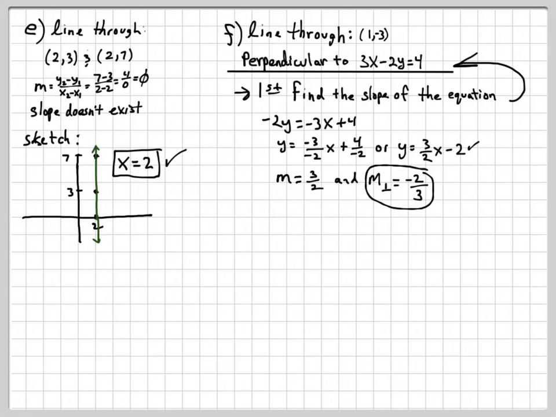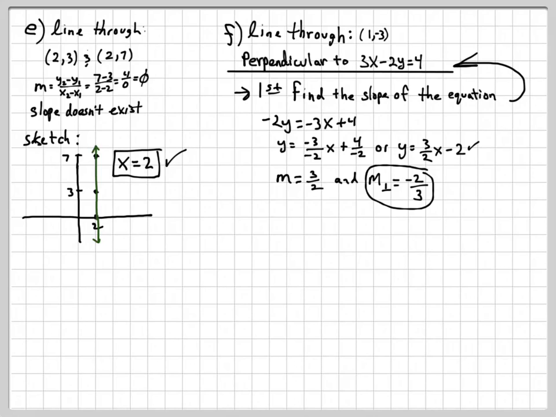But when writing my equation, I'm not going to want to use 3/2. I'm going to want to use the perpendicular slope. And so we learned in this section that to find the perpendicular slope, it's a negative reciprocal. So I'll flip the 3/2 and get 2/3 and then change the sign.